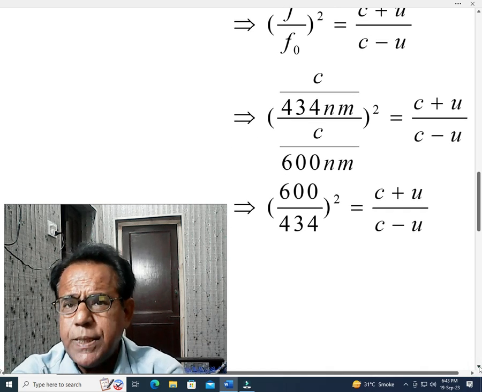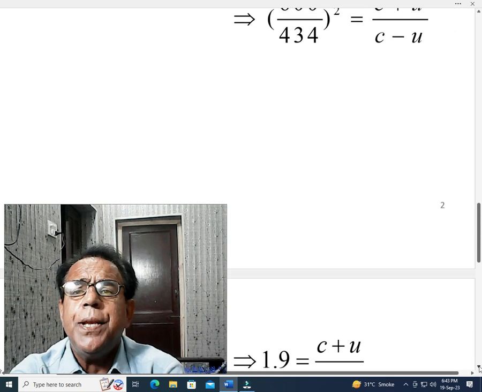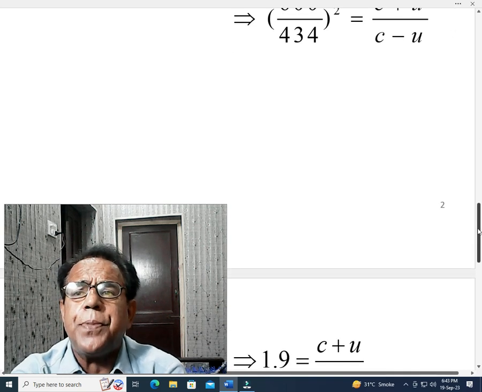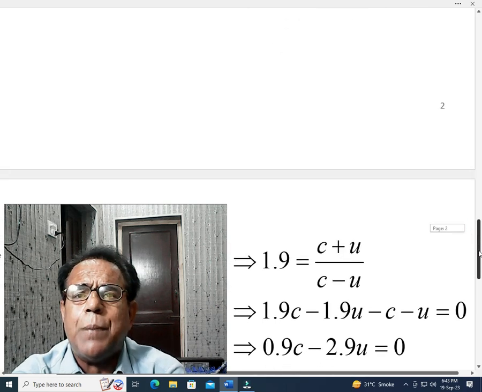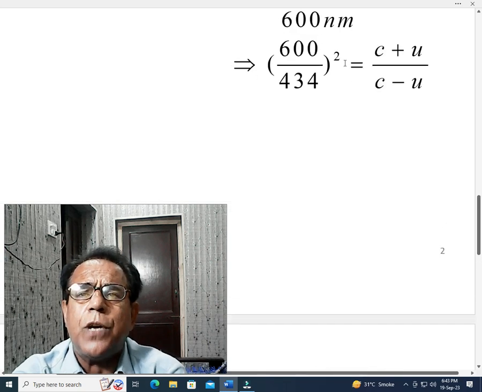When we divide 600 by 434 and then take its square, it becomes 1.9. This factor has become equal to 1.9, and this factor comes as it is.